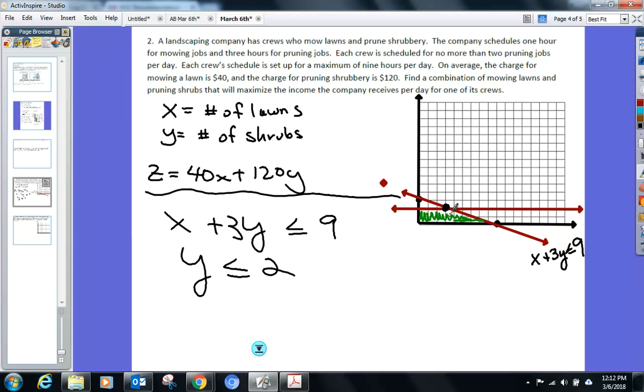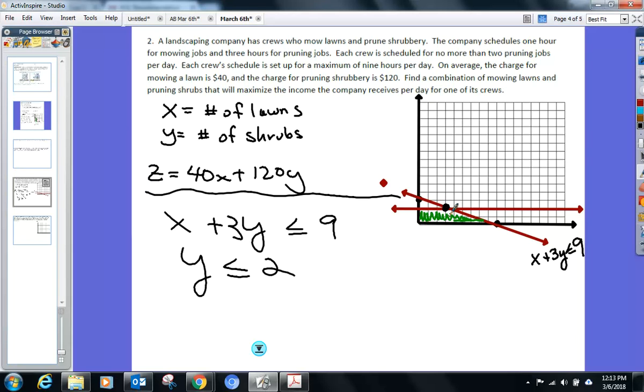Where is your? So you went down 1 over 3. Oh, I went down 3 over 1. Right at 9, and then down 3. Oh, hold on. Here's why. You forgot to divide the 9 by 3.